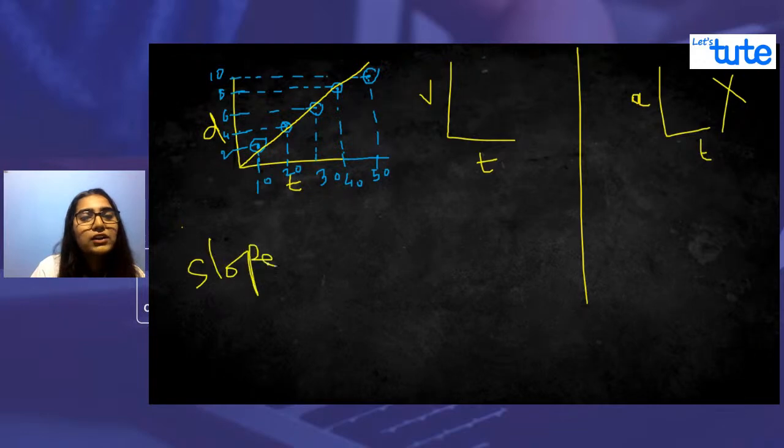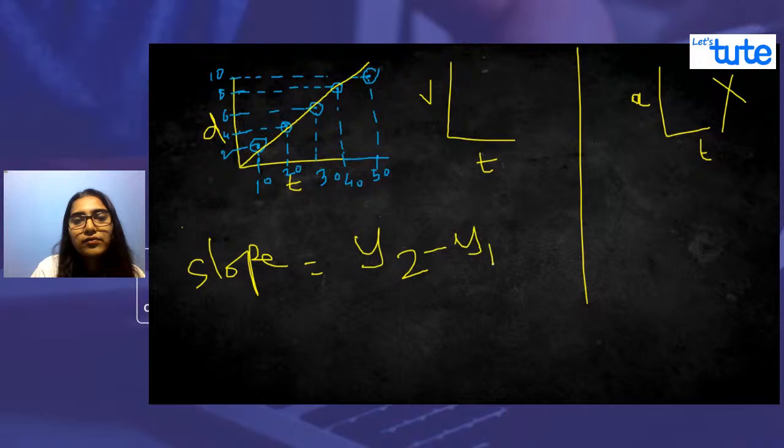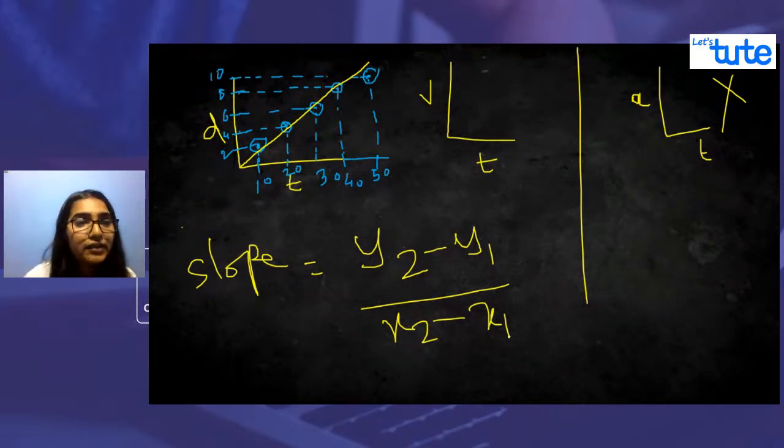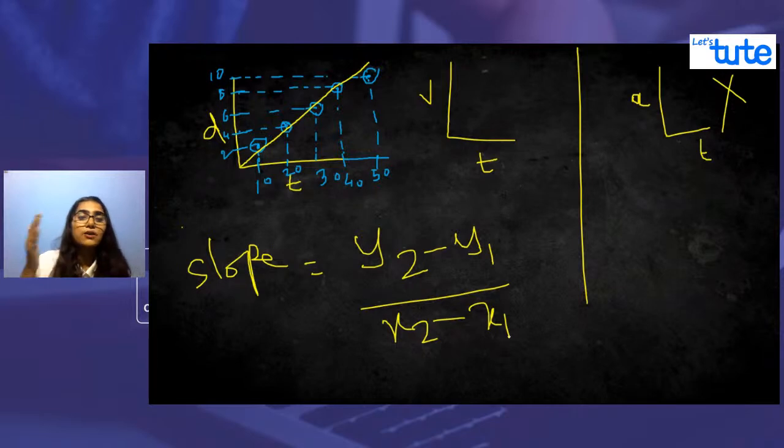Slope is y2 minus y1 upon x2 minus x1. This is called the slope. If you have a distance time graph and you want to find out the speed from it, yes, it's a curve.